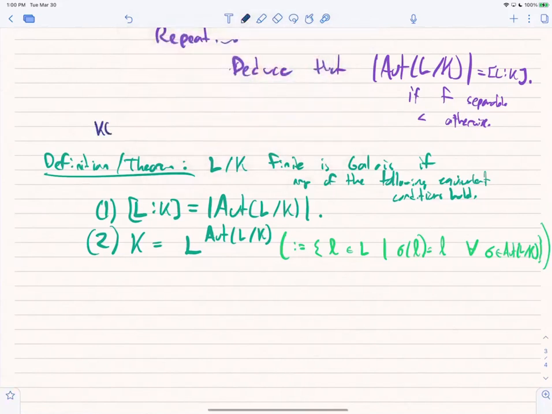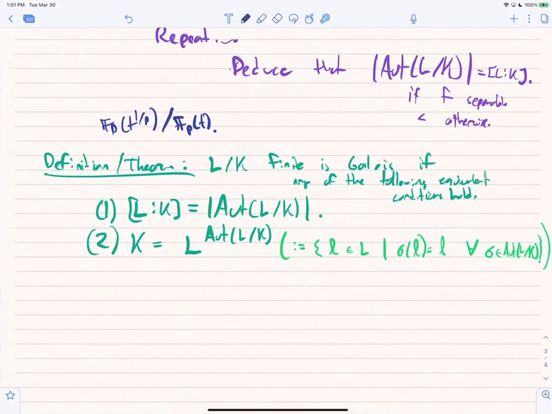If you look at F_p(t^(1/p)) over F_p(t), the only automorphisms, there are other examples, but the automorphism is determined by where it sends t^(1/p), but there's only one p-th root of t. So it has to send it there. And so there's only a trivial automorphism of this.